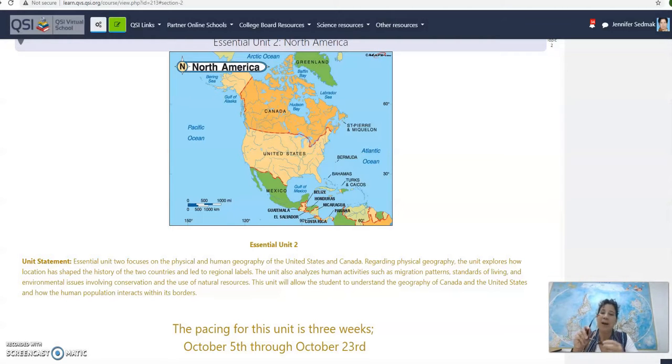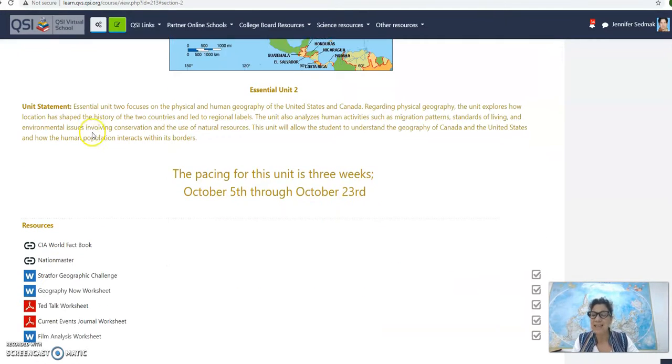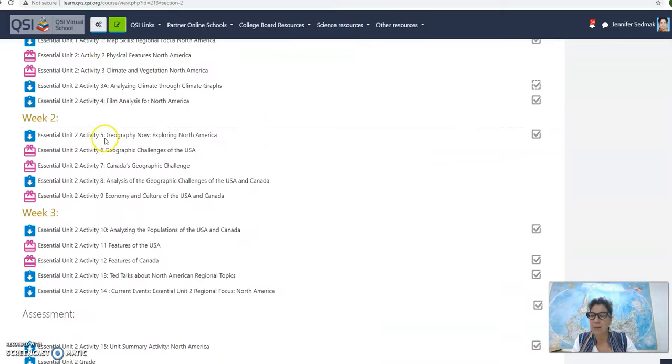So back to the map, you know that we've been focusing on the United States and Canada. In fact, in week 2 of Essential Unit 2, you should have completed these 2 assignments, the Geography Now activity on North America, and you should have also looked at some of the geographic challenges and advantages that both Canada and the United States have.